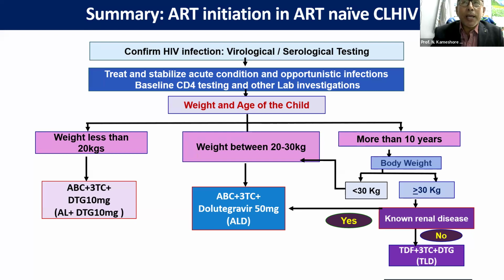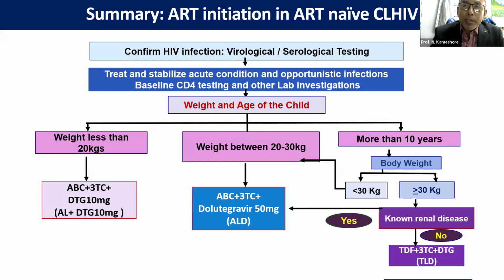If the weight is less than 20 kg, as we have already discussed, abacavir, lamivudine, and dolutegravir 10 milligram tablet is to be given. If the weight is between 20 and 30 kg, then we choose abacavir, lamivudine, dolutegravir 50 milligram film-coated tablets. And if the age is more than 10 years but body weight is still less than 30 kg, we come to the 20 to 30 kg category.